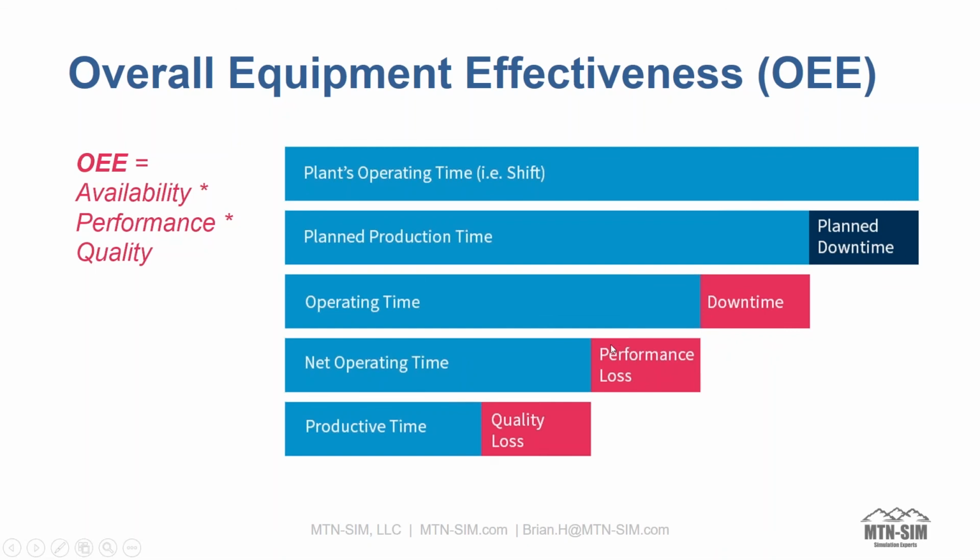But when we add planned downtime into the overall picture, that represents morning breaks, lunch, afternoon breaks. So we know that there's going to be planned downtime that's going to reduce that overall time to build units.